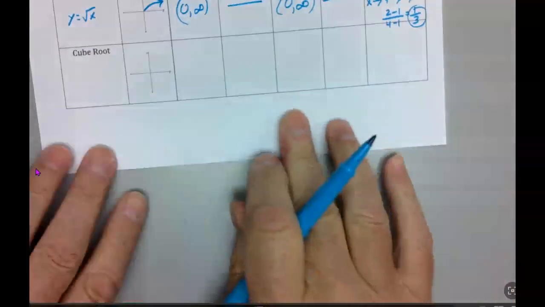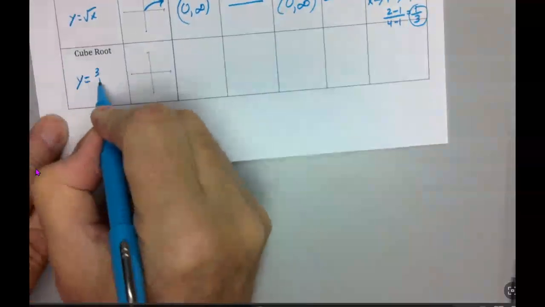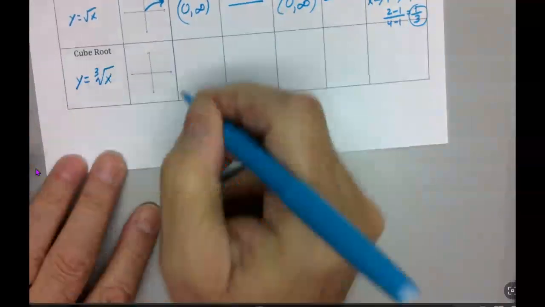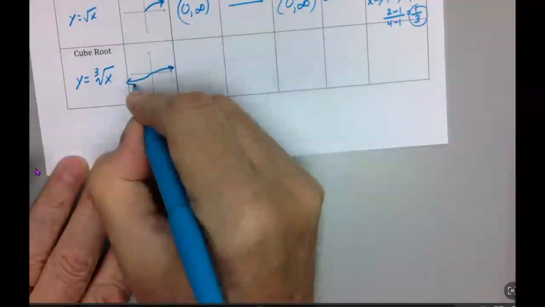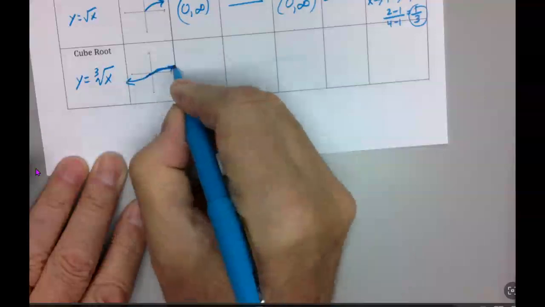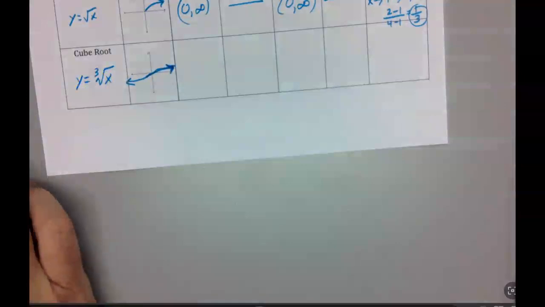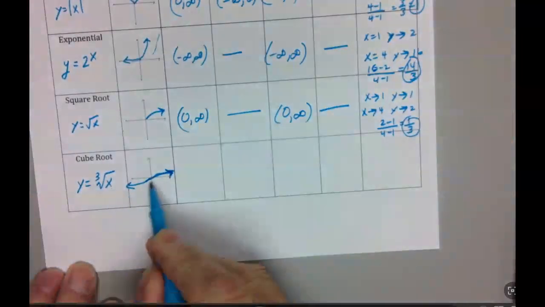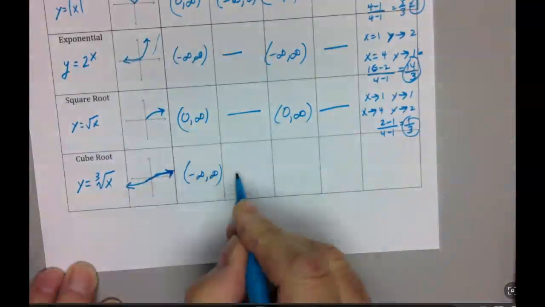Last but not least is cube root, excuse me, not cubic. And it looks like this. So it's increasing from left to right the whole time. It's never decreasing.